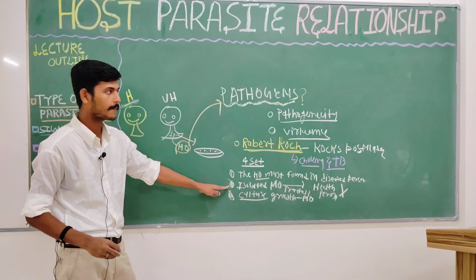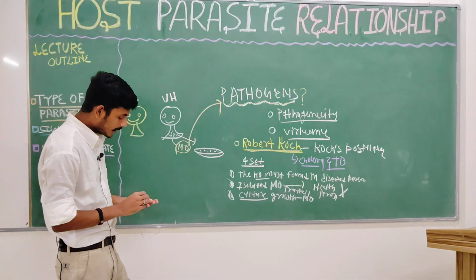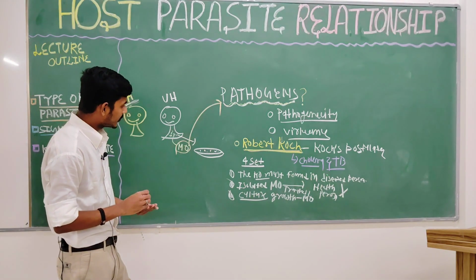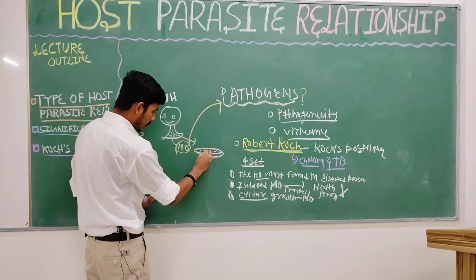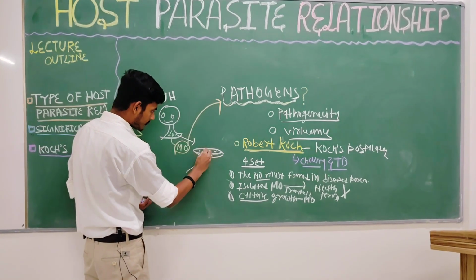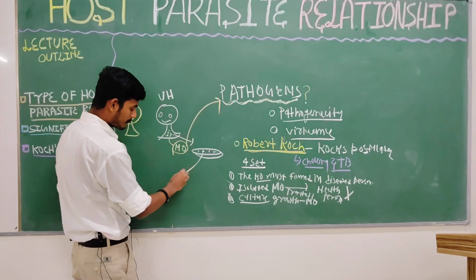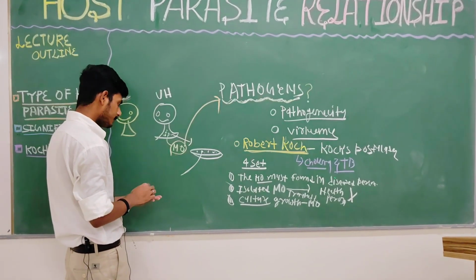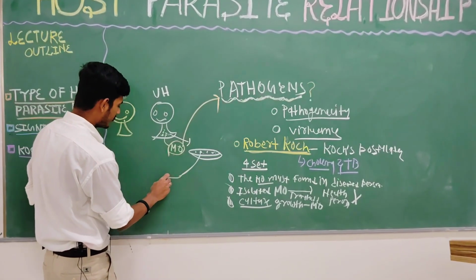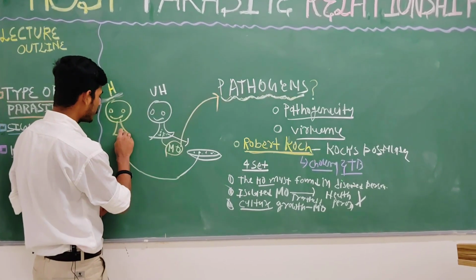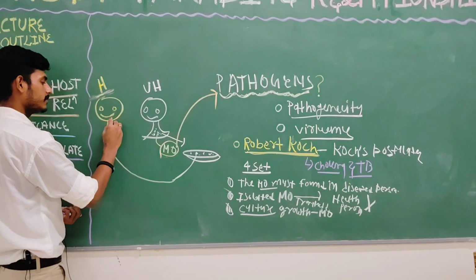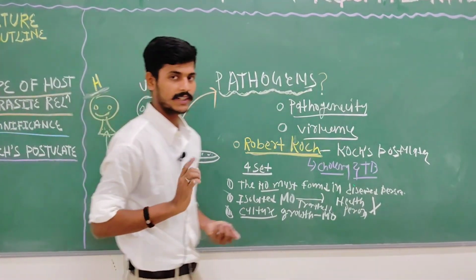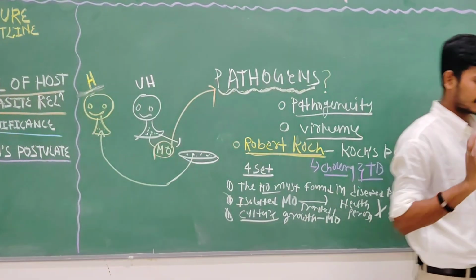Getting the points? Once it grows on the culture, and we inoculate this organism into a healthy person, it must cause the disease in the healthy person. Got the points?